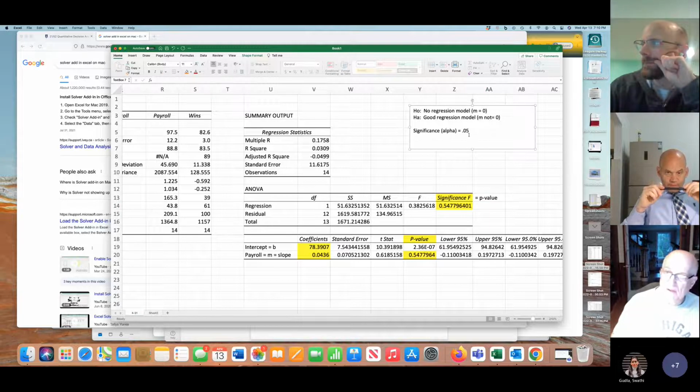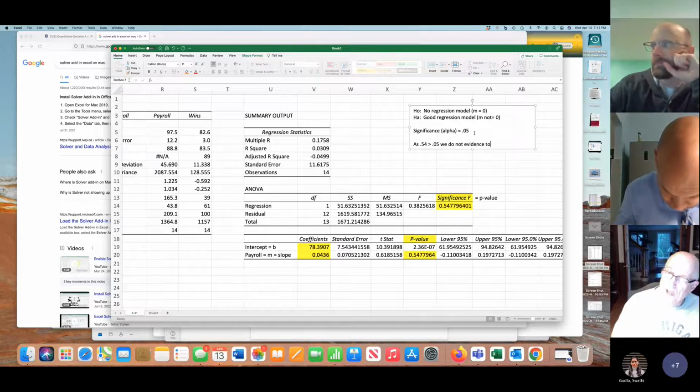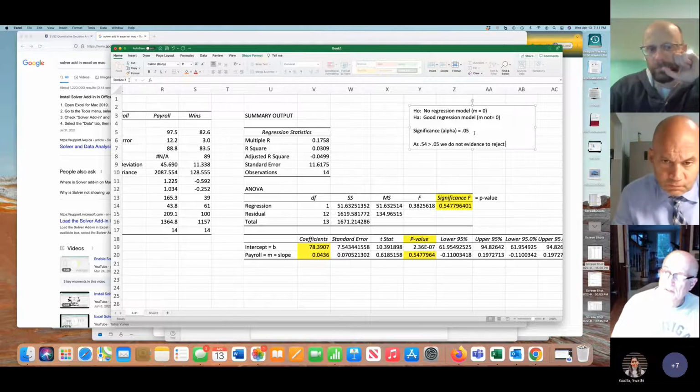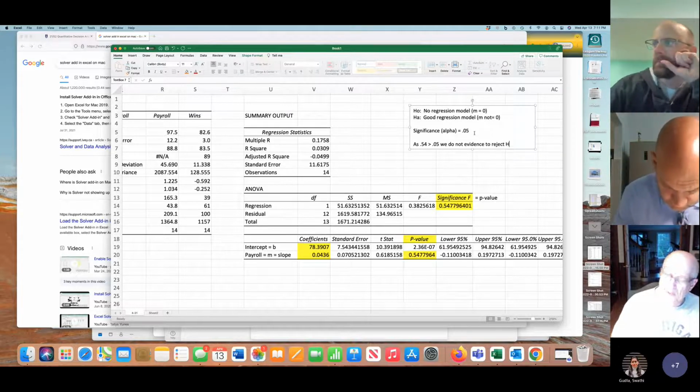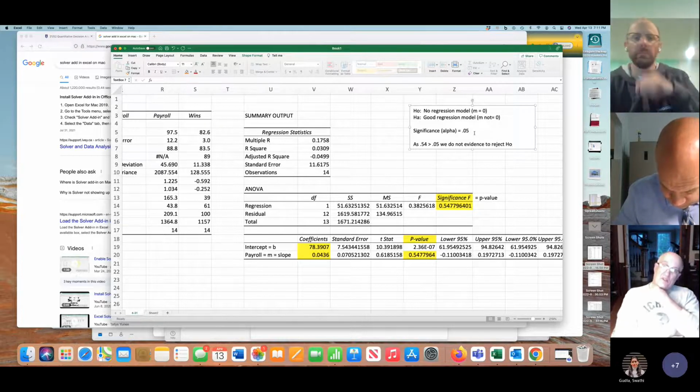As 0.54 is way greater than 0.05, we do not have evidence to reject the null hypothesis. So we have to stick with our status quo conclusion that the slope is 0, which means we have no regression model.